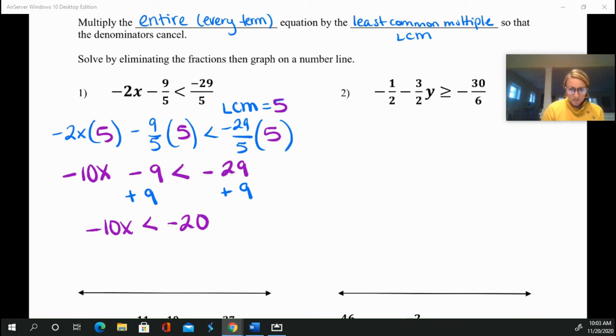We're multiplying the x term by negative 10, so we want to divide by negative 10. And it's dividing by the negative number that requires us to flip the inequality symbol. So it was less than, it's now going to flip to be greater than.